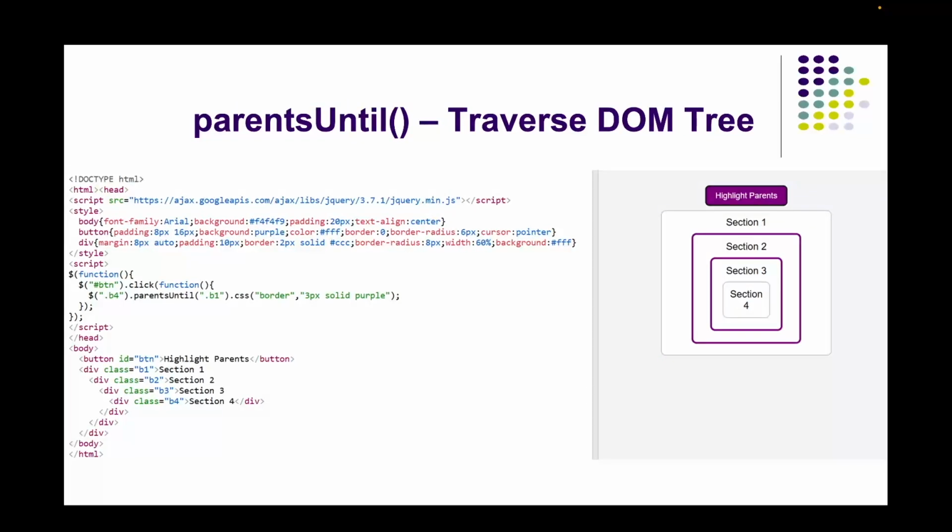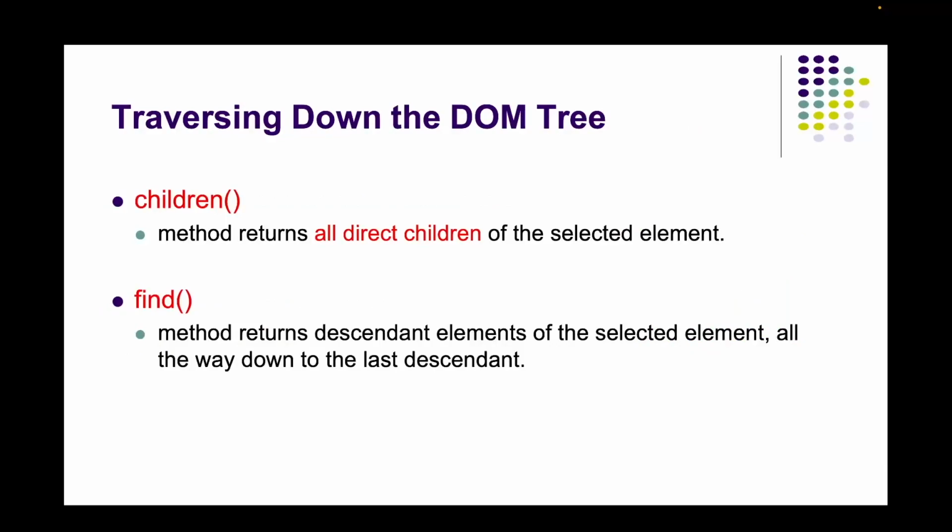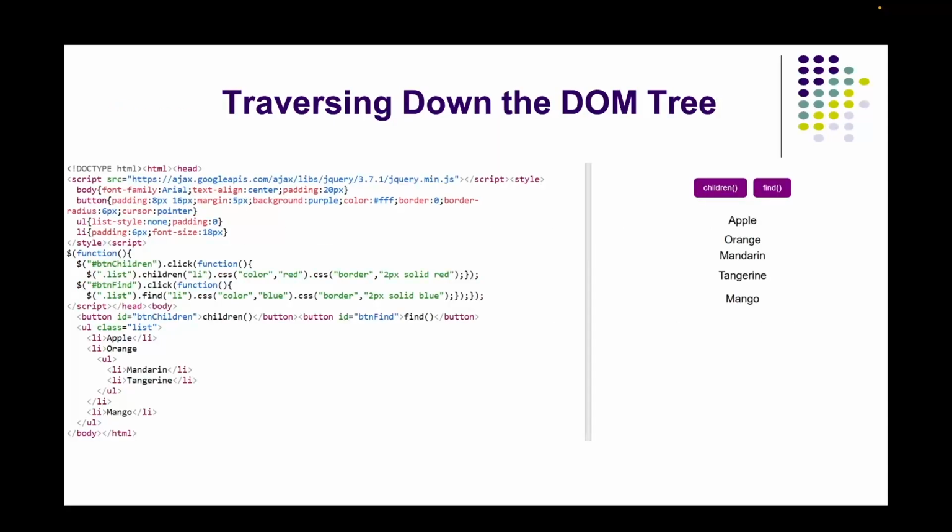And parentsUntil, within the limit from B4 to B1, selects all the parents within that range. And traversing down the DOM tree, that is children and find. The children method returns all direct children of the selected element, and the find method returns descendant elements of the selected element all the way down to the last descendant.